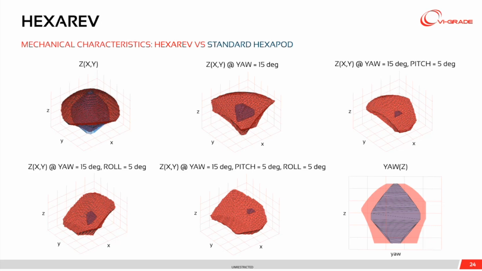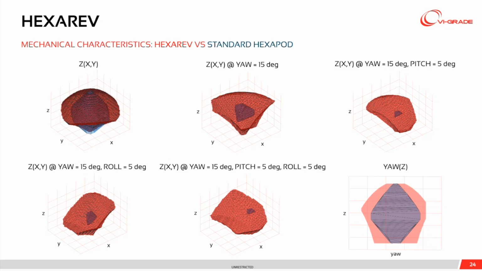If on a standard hexapod I do 15 degrees of yaw, basically that's the limit of the simulator. If I've done that, I don't have any more space to do additional X, Y, or Z. And in fact, you can see that the blue envelope is again much smaller compared to the red one.